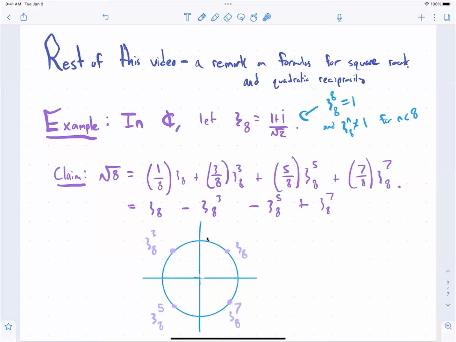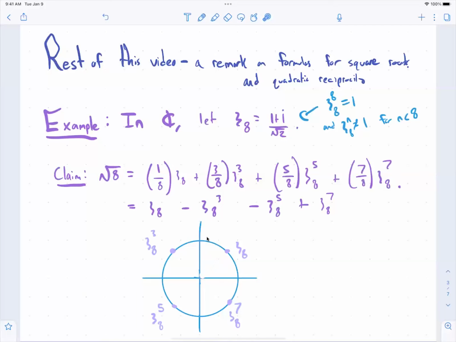The reason the 8th power of this number gives you 1 is that when I take a complex number on the unit circle and multiply it with itself, I just double the angle. More generally, if I take two complex numbers and multiply them together, I add the angles off the x-axis and multiply the magnitudes. But if they're both on the unit circle, there's no change in the magnitudes. So this starts at 45 degrees, the square is 90 degrees, the cube is... I better use radians.